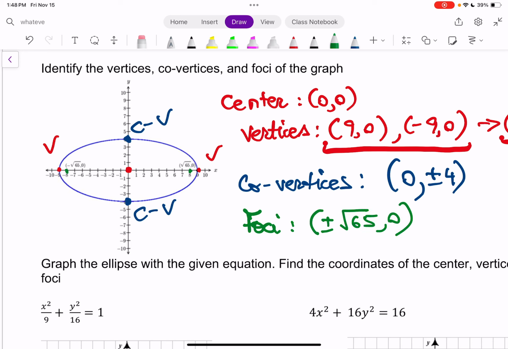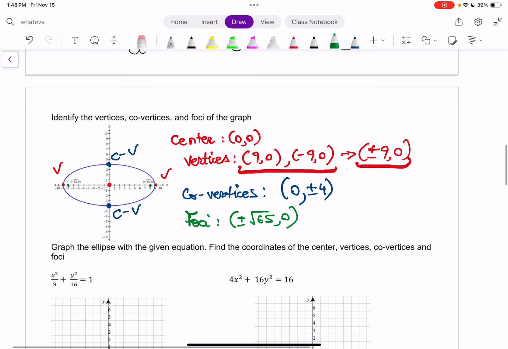Okay. So I want you to also verify the equation I gave you earlier. For our ellipse right here, A, again, is the distance from the center all the way to the vertex, so that's 9 units.